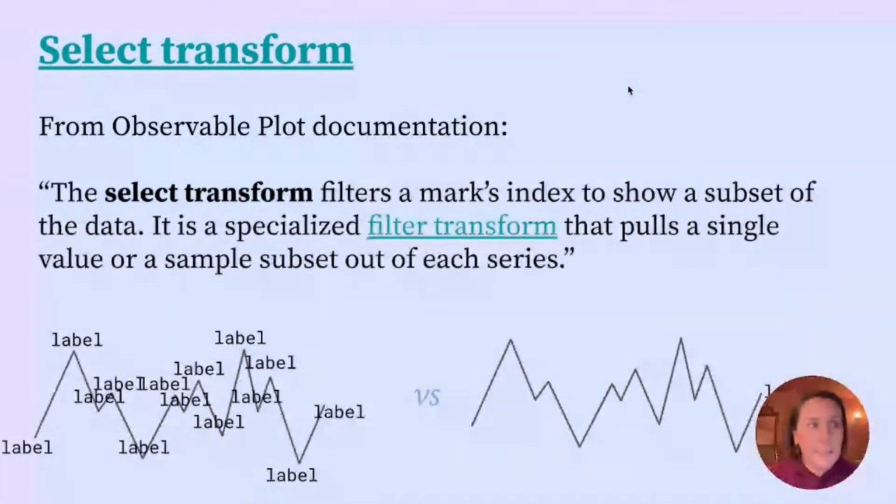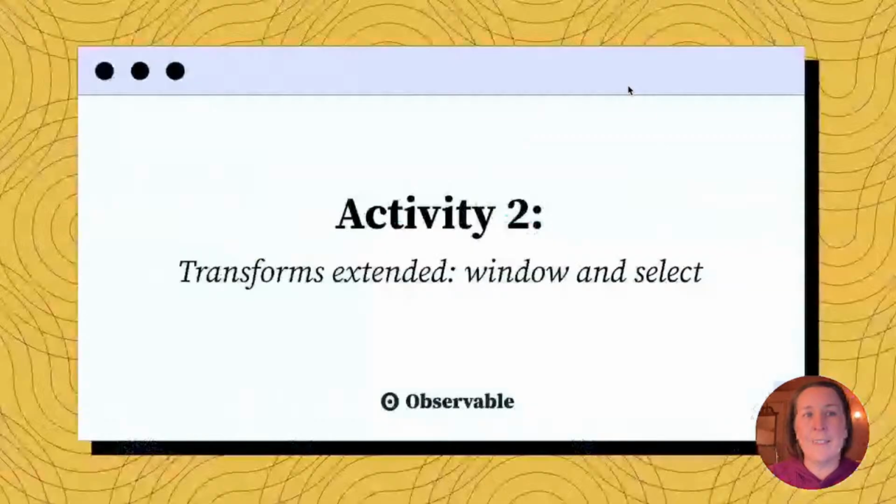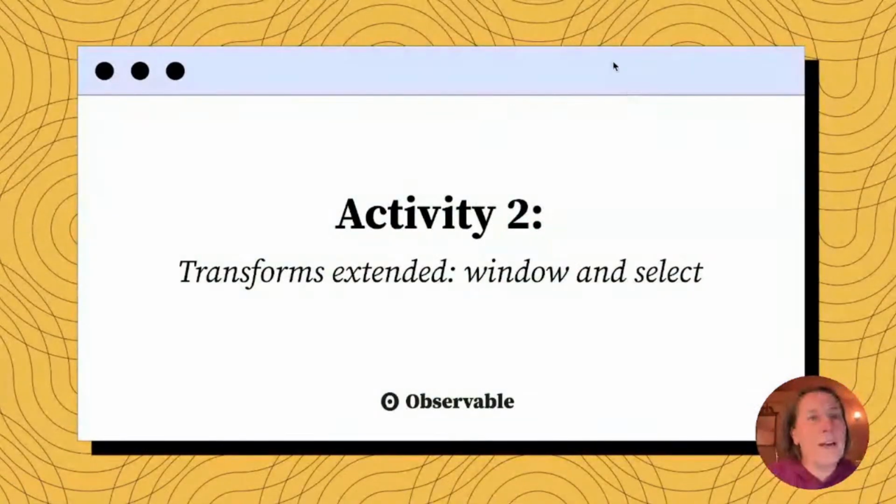So it's a really nice way to have text placed at one location, like a maximum value or at the final value, without having to do custom artisanal coding to create that. So it's a built-in transform we can add. So these are the two that we're going to use in our next example. So let's go ahead and start adding some complexity in our transforms by doing a window and a select transform.